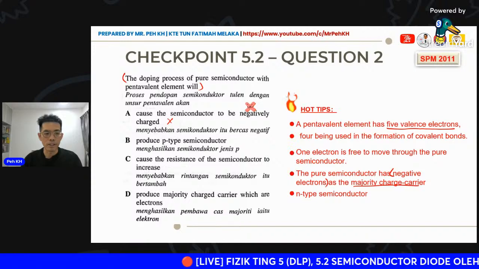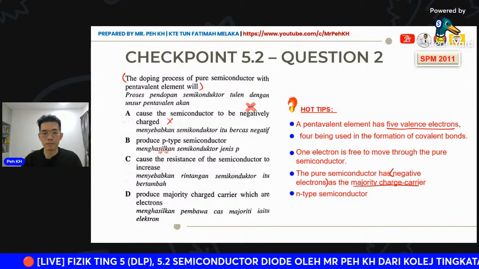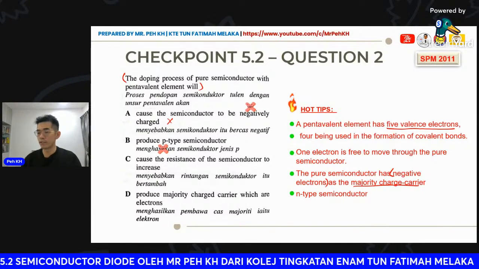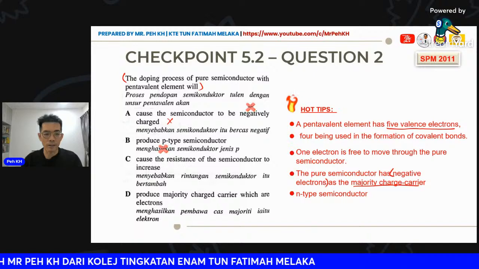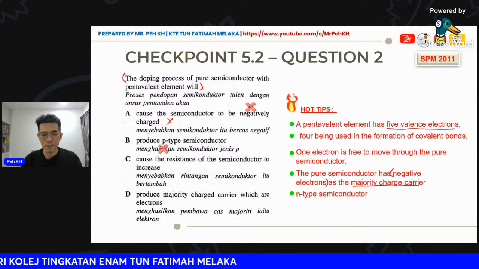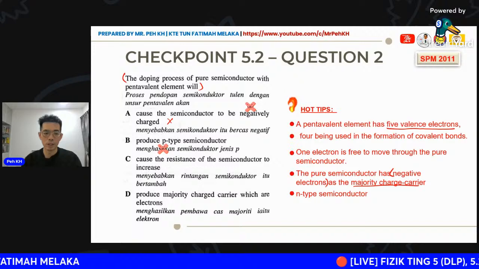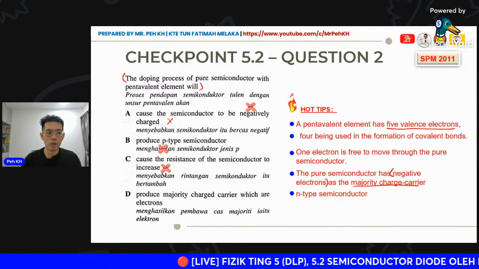Then the second, it will form N type of semiconductor because the major carrier here will be electron. Okay, so P here is referring to positive. Okay, so when we have the doping process, in this case, it will have more extra electrons. Okay, so the resistance will decrease actually, not increase.